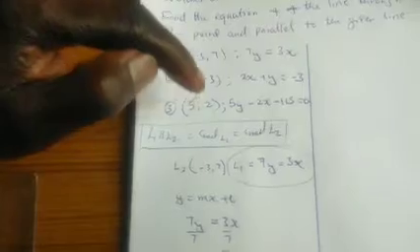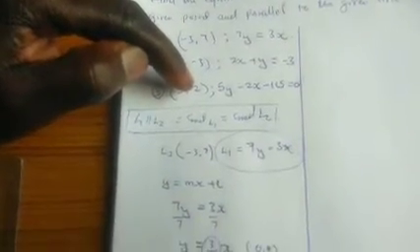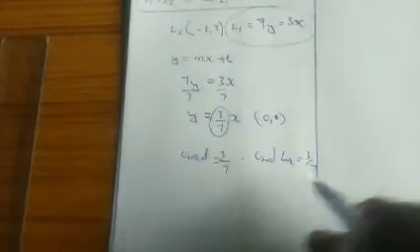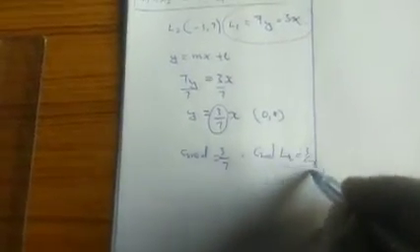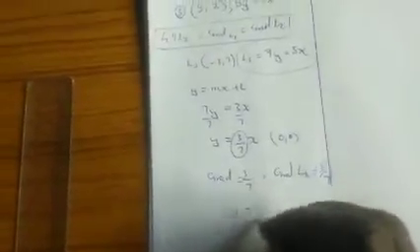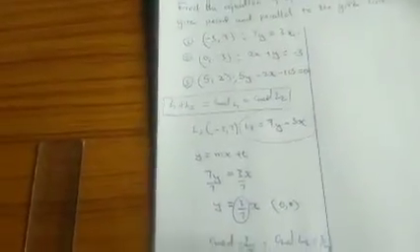We are given one point that the line passes through, and we have the gradient, so it is passing through the point (-3, 7). We take a general point (x, y), and we use these points to find the gradient.